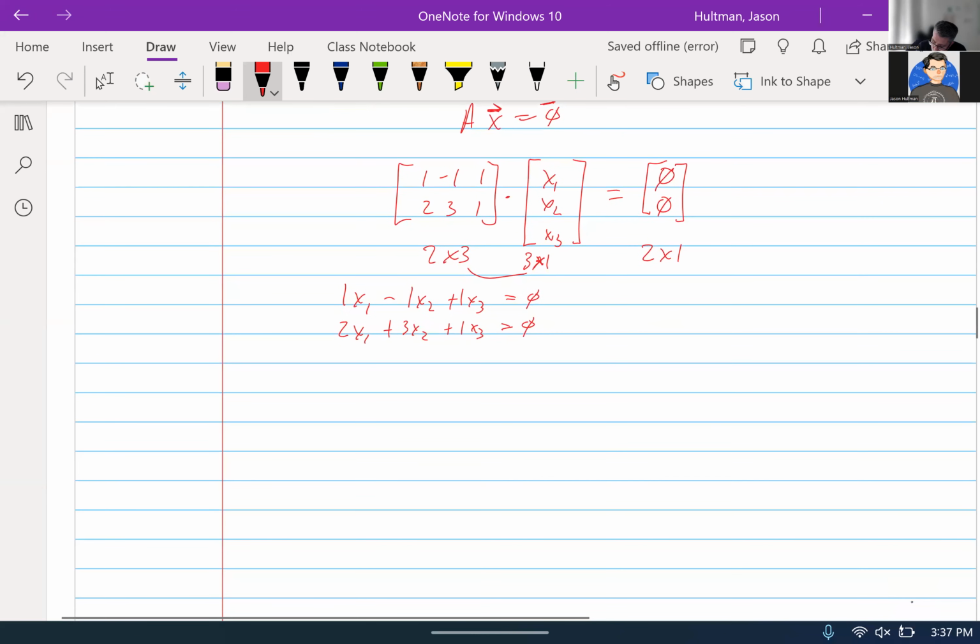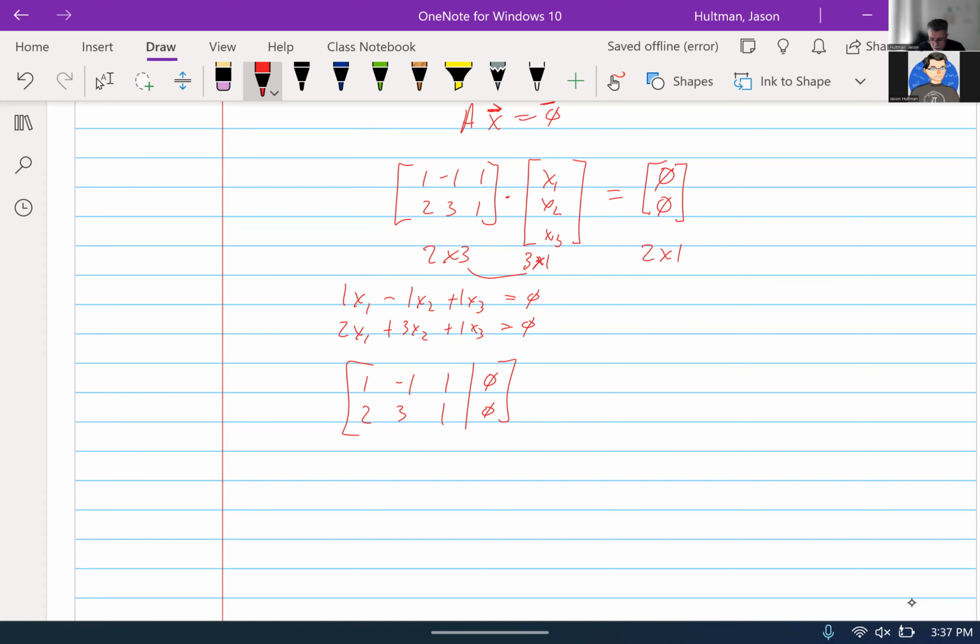And then I could create an augmented matrix based on that. So 1, negative 1, 1, 0. Okay, 2, 3, 1, and 0. Okay, so there's my augmented matrix.